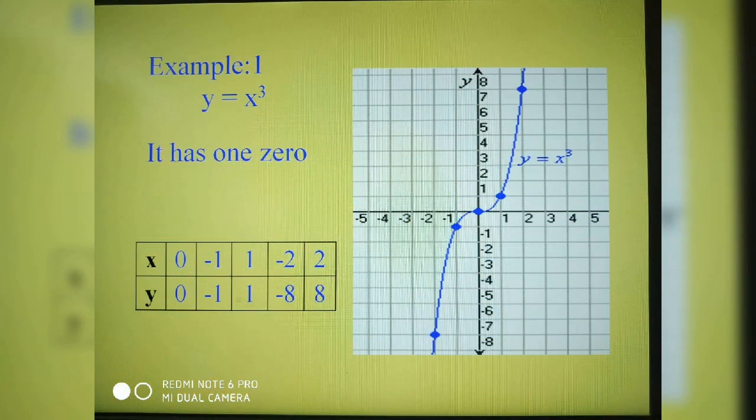Next example, let us take a cubic polynomial y is equal to x cube. By locating the points listed in the table on a graph paper and drawing the graph, we see that the graph looks like this. It intersects the x-axis at 1 point, so it has 1 zero.